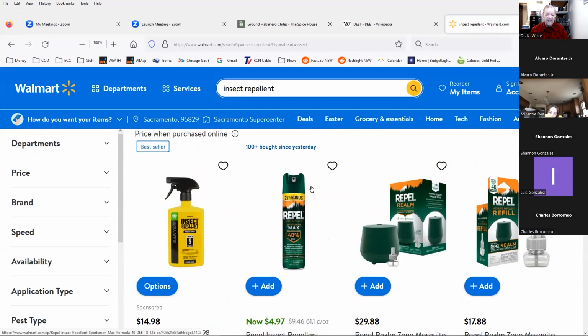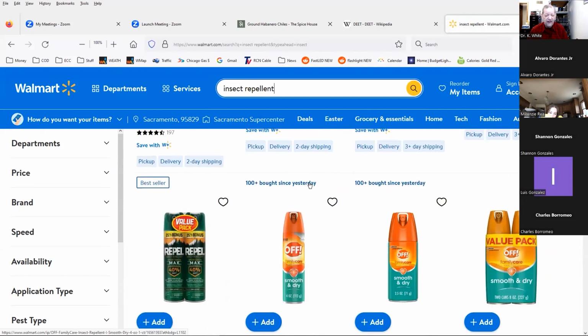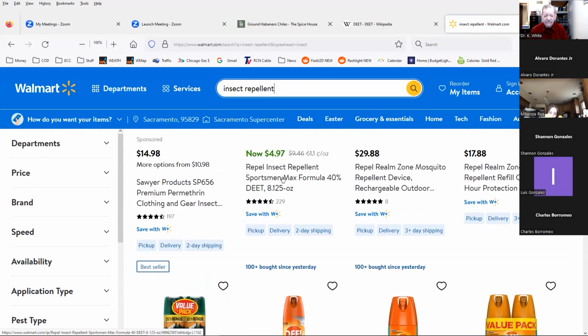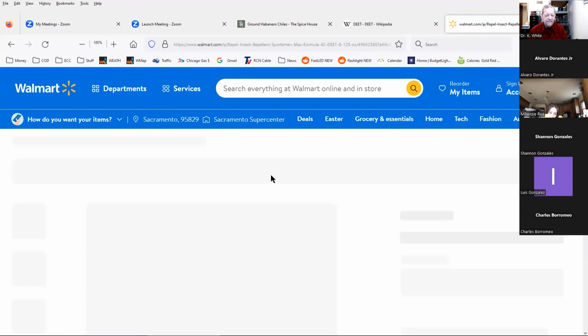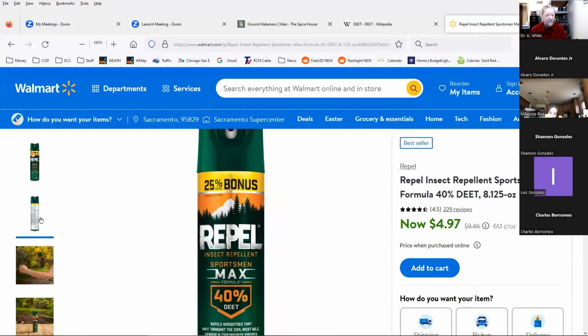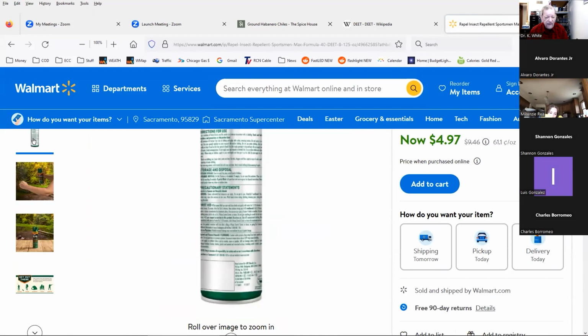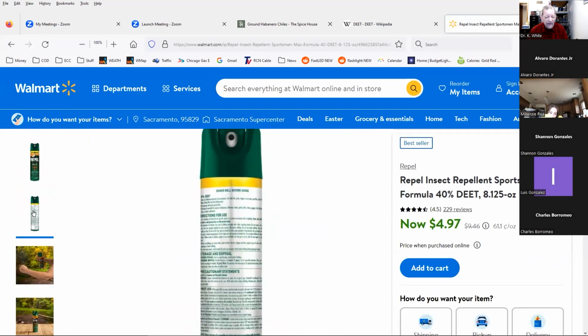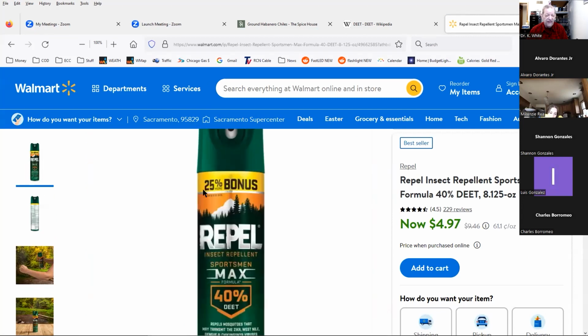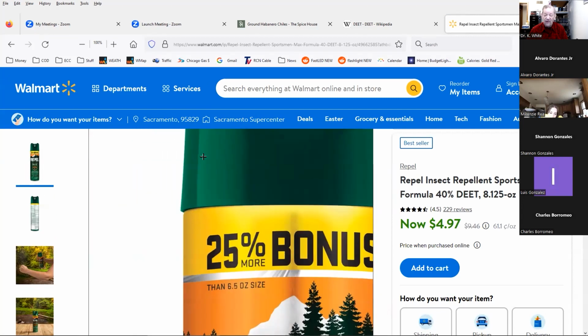And you see they have their repellent, and you can buy it off. And you can barely see it. Notice it's 25% more.